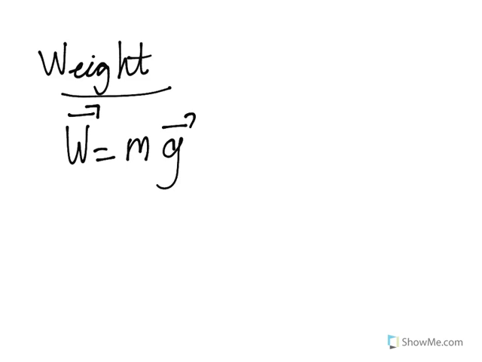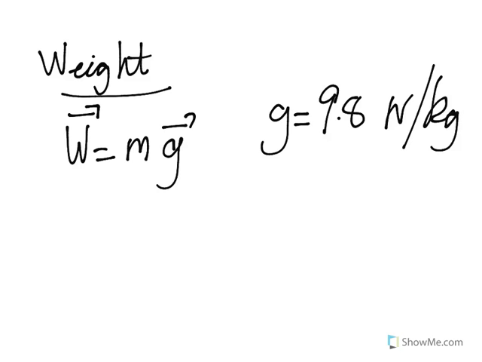Here on Earth, the gravitational field strength is 9.8 Newtons for every kilogram. So if you are 1 kilogram, you experience a gravitational pull of 9.8 newtons. If you are 100 kilograms, you feel a gravitational pull of 980 newtons.